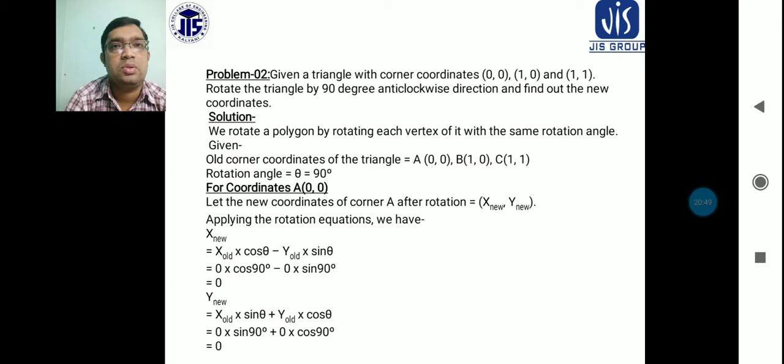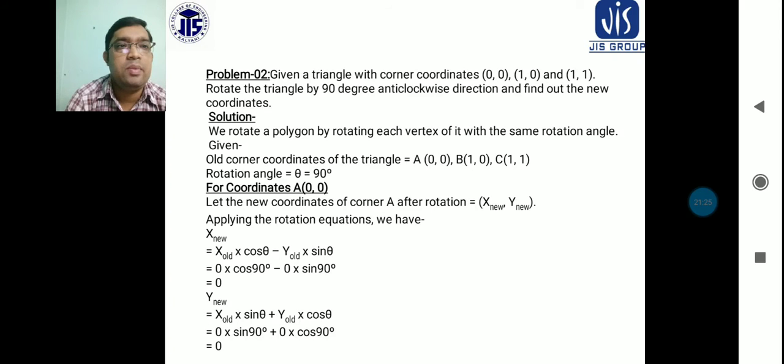Basically we calculate the new coordinates after the movement. Similar types of problems can be calculated as previously done for the anti-clockwise direction, and the coordinates are given so we can find the new coordinates. In this solution, we rotate a polygon by rotating each vertex of it with the same rotation angle.